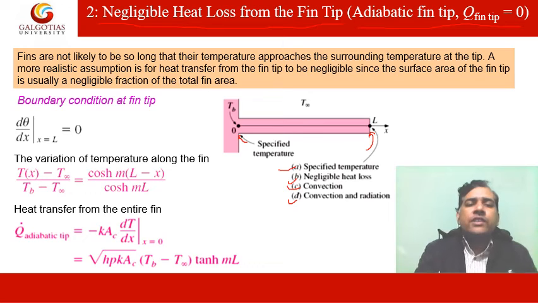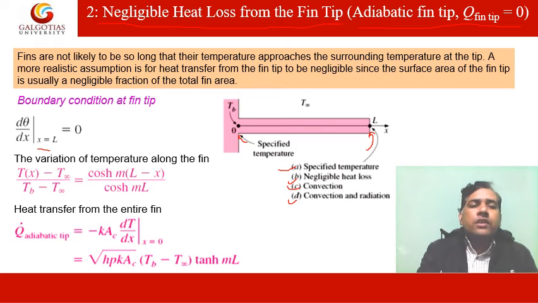A more realistic assumption is for the heat transfer from the tip to be negligible, since the surface area of the fin tip is usually a negligible fraction of the total fin area. So the boundary condition at the fin tip is dT over dx at x equal to L equals 0.